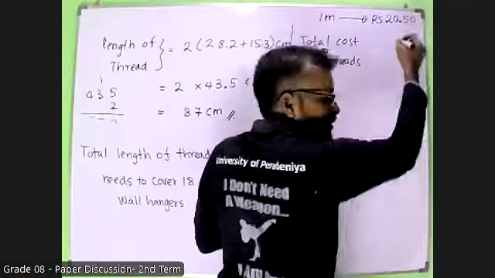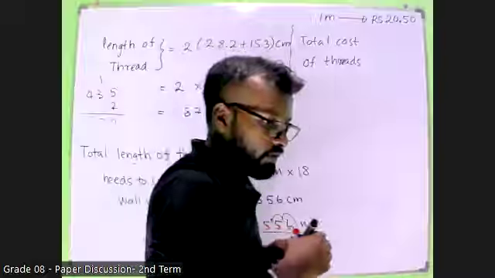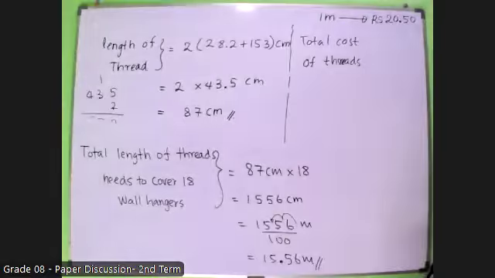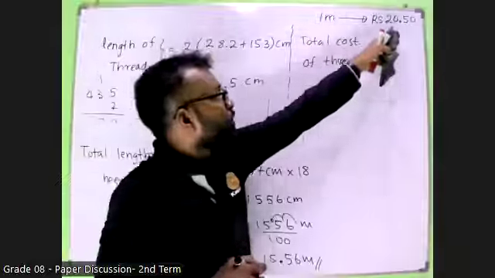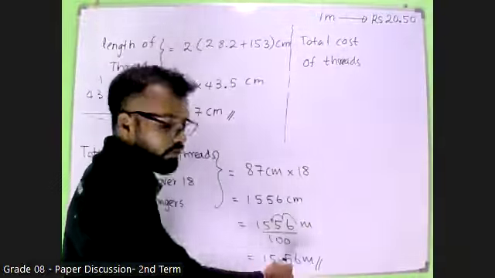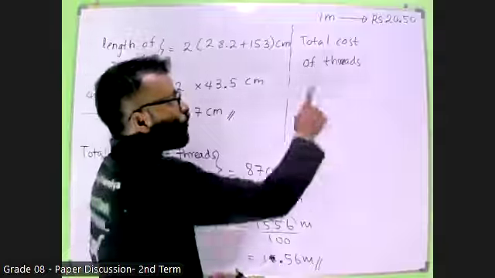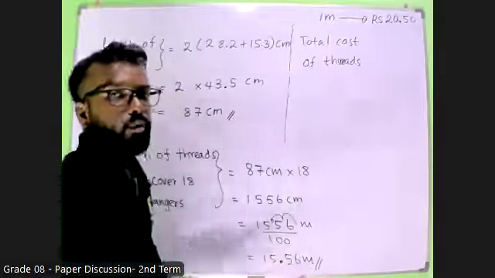Yes, 1 meter costs 20 rupees and 50 cents. Right? Now we have 15.56 meters. 1 meter costs that much, and in total we have 15.56 meters.